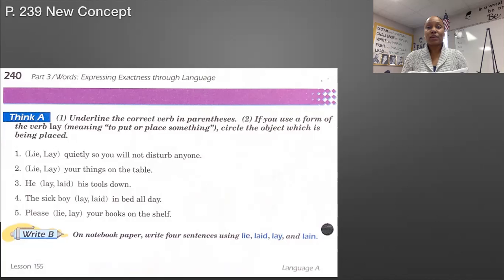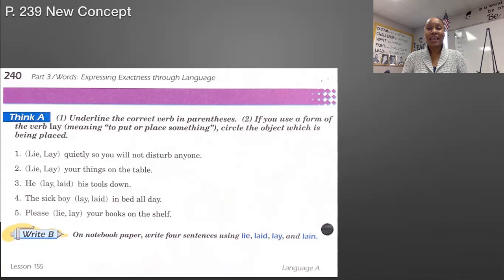And we already went over a number of examples together, and we will practice some more later on, as I said earlier. The verb lay means to put or place something. Its other forms are lay, lain, laid, and have laid. And again, we went over some examples previously. We will do some in the future.